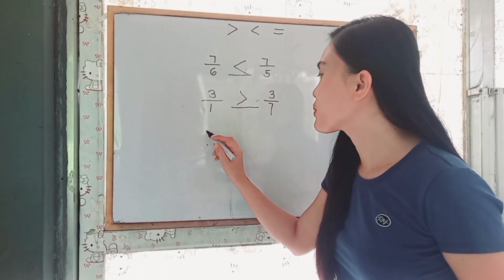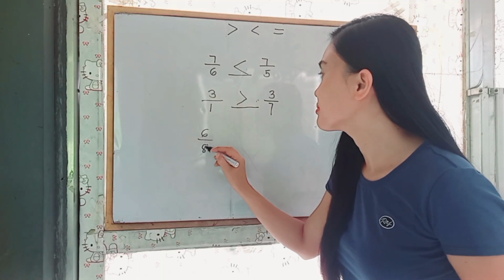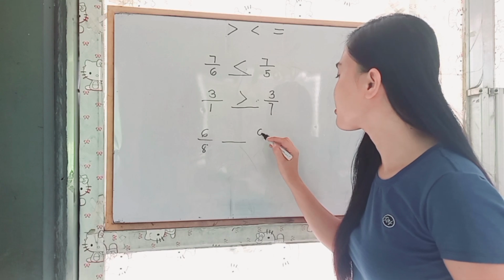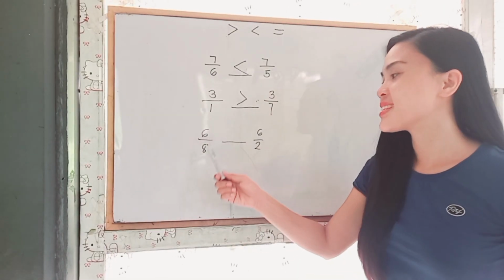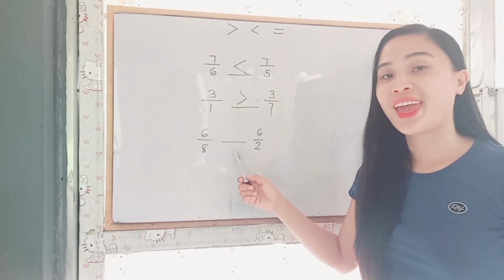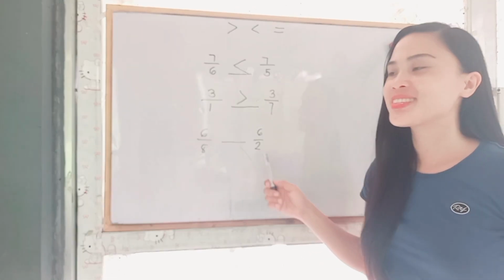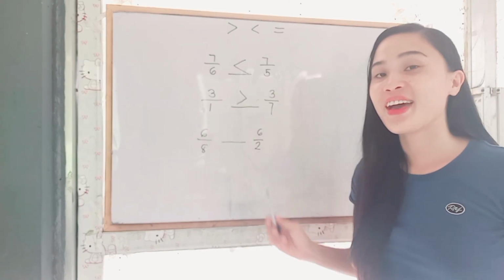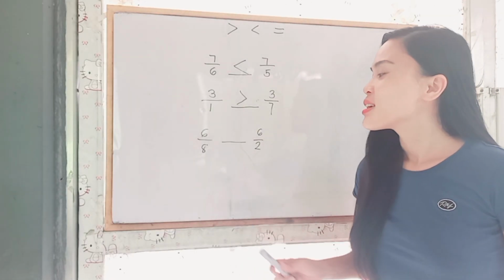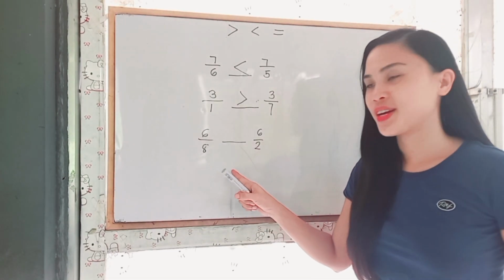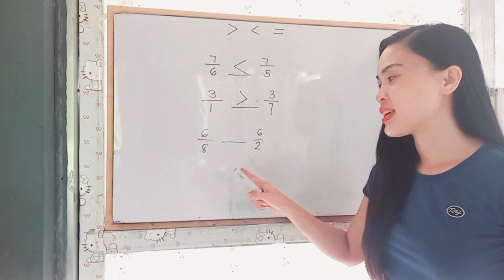Another example we have here: 6/8 compared to 6/2. Okay, again, they have the same numerator. So just compare their denominator. So which is bigger, 8 or 2? 8, right?